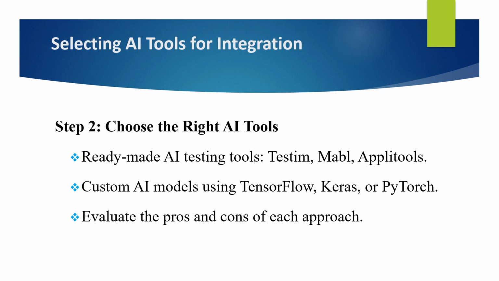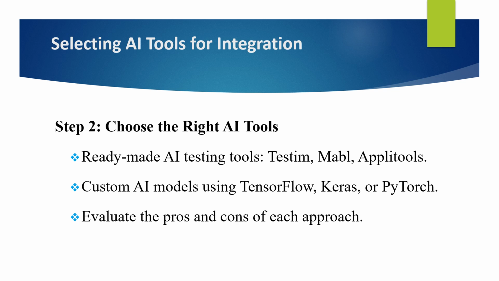Now let's talk about tools. The market is filled with AI powered testing tools, and choosing the right one can be daunting. But don't worry, let's break it down. You can either use out of the box AI testing tools like Testim, Mabl, or Applitools, which integrate seamlessly with existing frameworks like Selenium and Cypress.